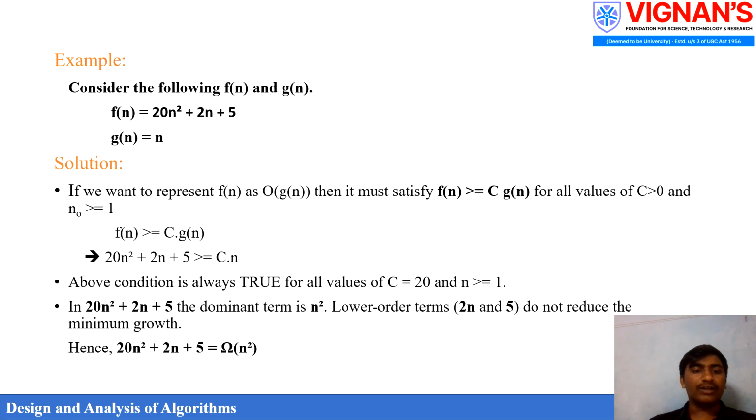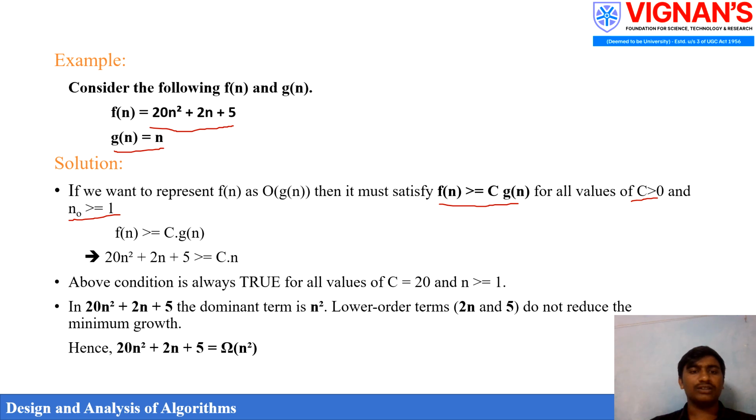Example of omega notation: f of n equal to 20n square plus 2n plus 5. The dominant term g of n is n square. Coming to the solution, if you want to represent f of n as omega of g of n, then it must satisfy f of n greater than or equal to c into g of n for all values of c greater than 0 and n naught greater than or equal to 1.